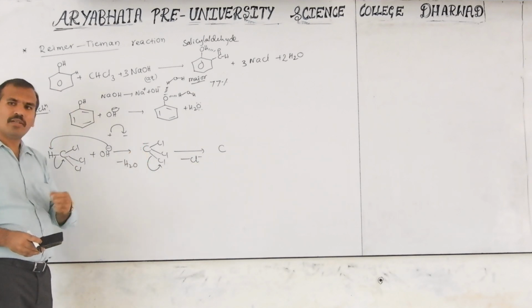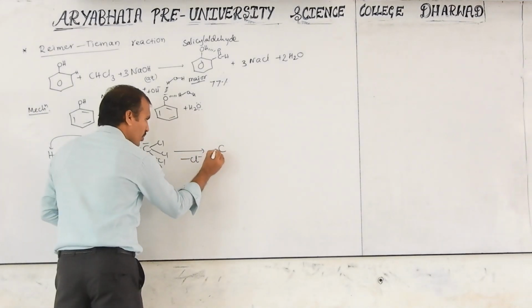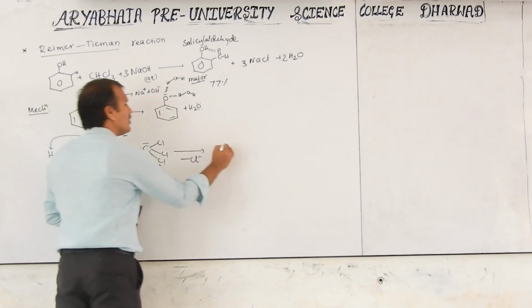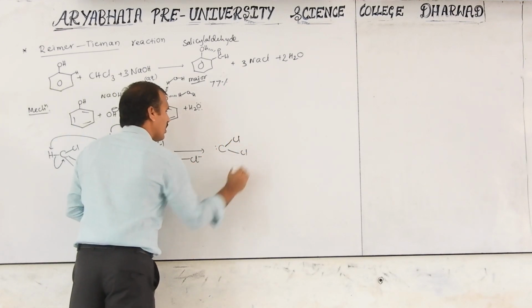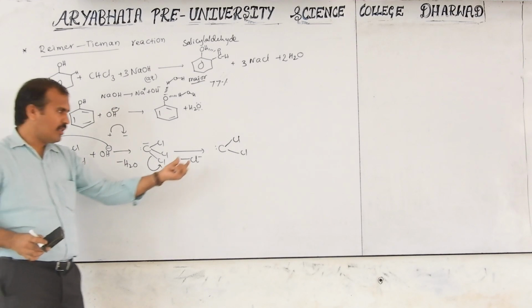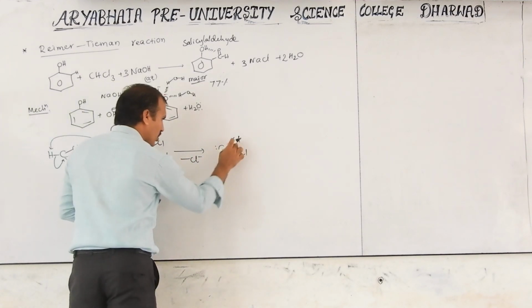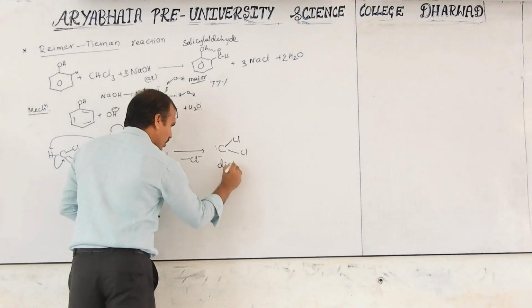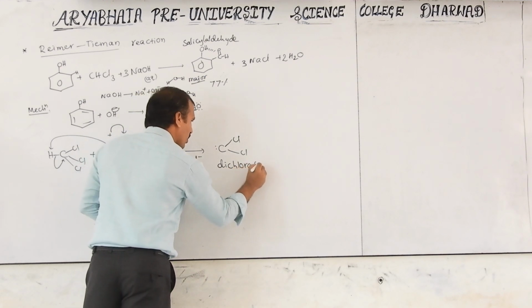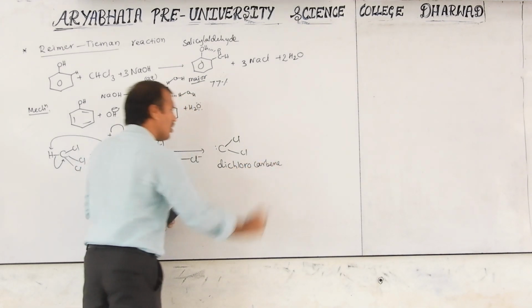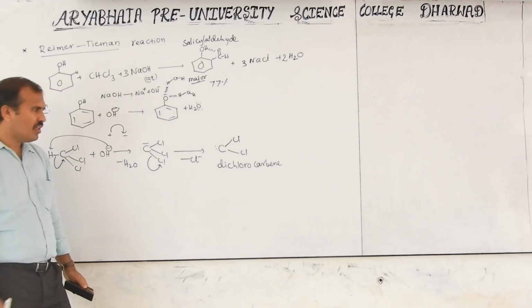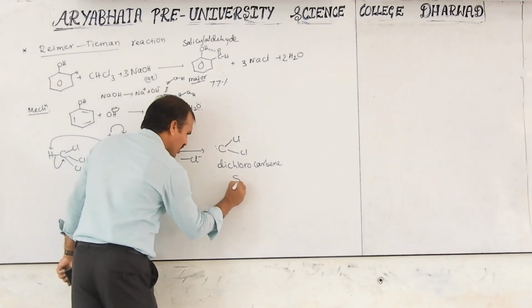Plus and minus, neutral. Then there is already a lone pair, and this Cl, another Cl. This is called dichlorocarbene. How many chlorines are there? Dichlorocarbene. But this is called singlet carbene.